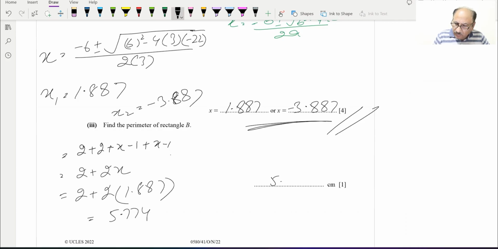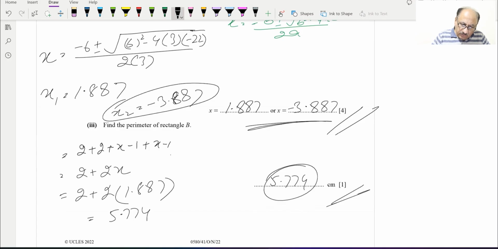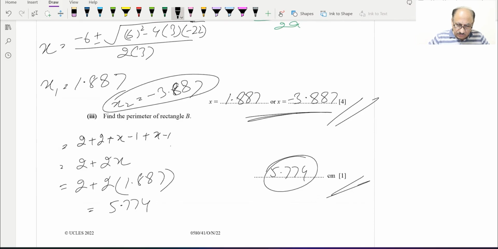This will be the final answer for 1 mark. And keep in mind we will not be taking the negative value for this, because length cannot be negative, so we are ignoring it and using only the positive value for this part.